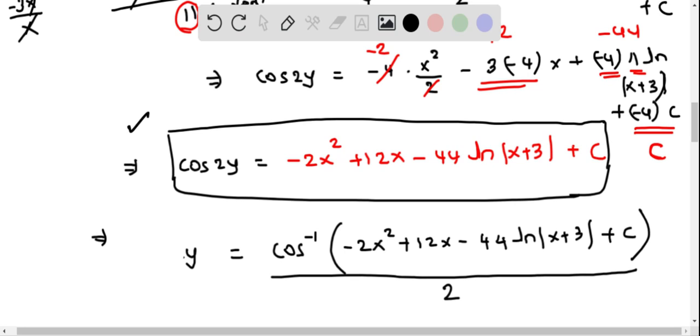So either this could be the answer or this could also be the answer. Both could be considered as the answer for this question.